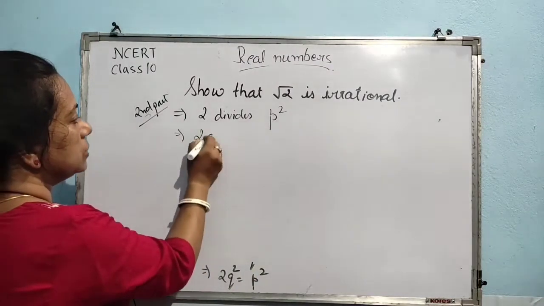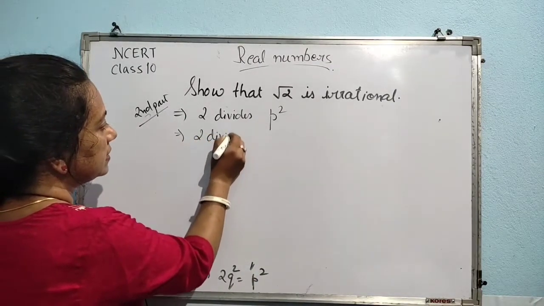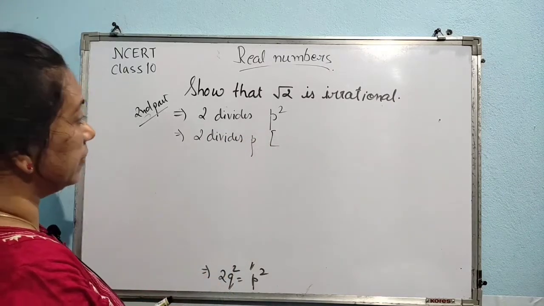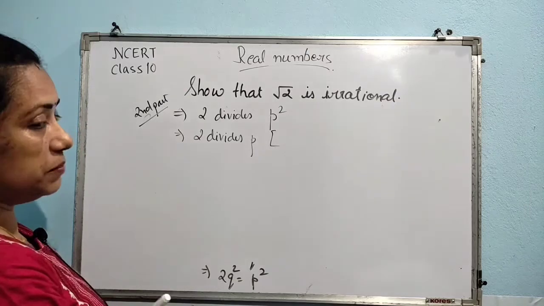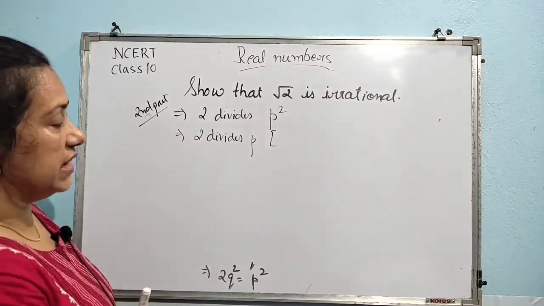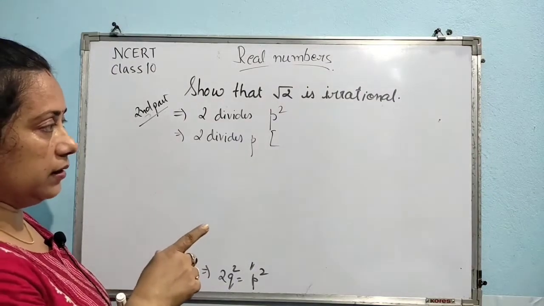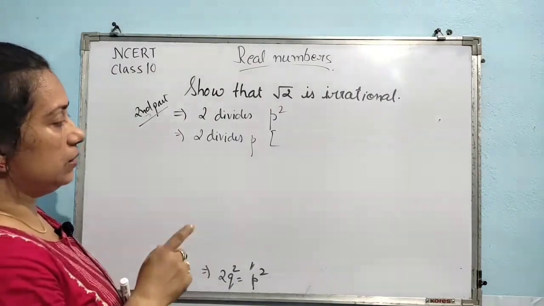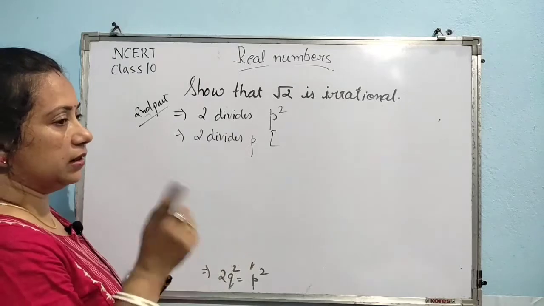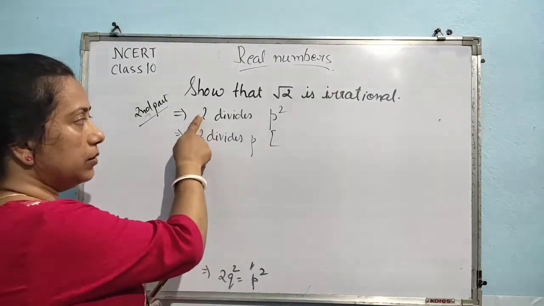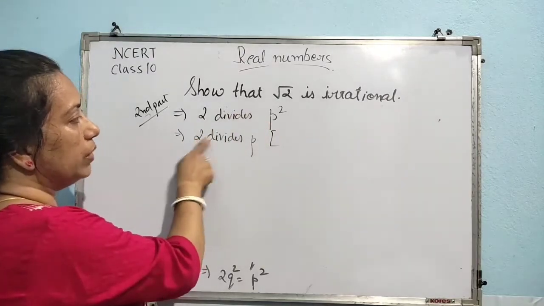It means that 2 divides p. Now how can we write this? There is one theorem which states that if a prime number p divides a square, then that prime number will divide a also. Here 2 is a prime number which divides p square, so 2 will divide p also.